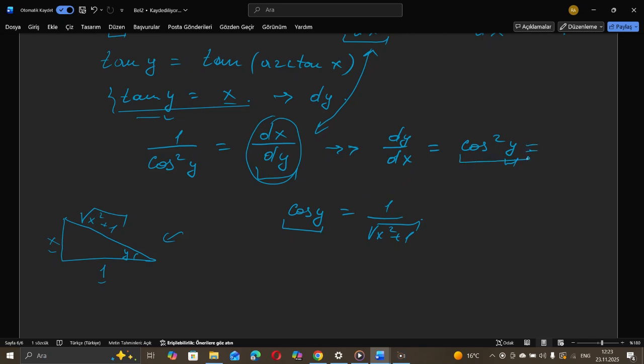Because we found our derivative as cosine squared y. So let's square the cosine y we found here. 1 divided by the square root of x squared plus 1, all squared, and this gives us dy divided by dx is equal to 1 divided by, not just square root, because the square cancels the root.